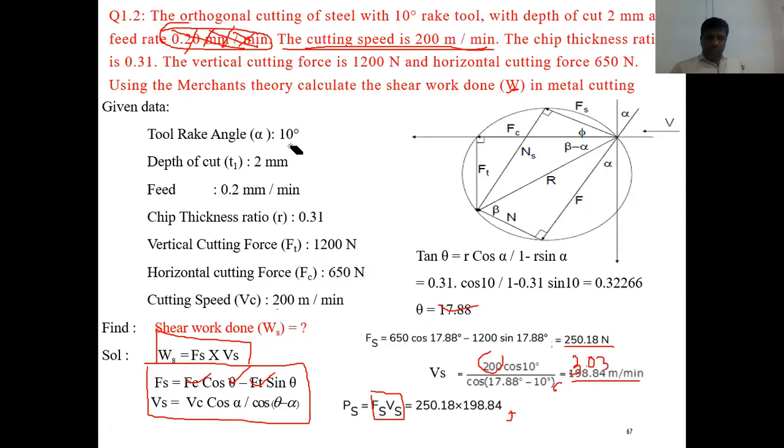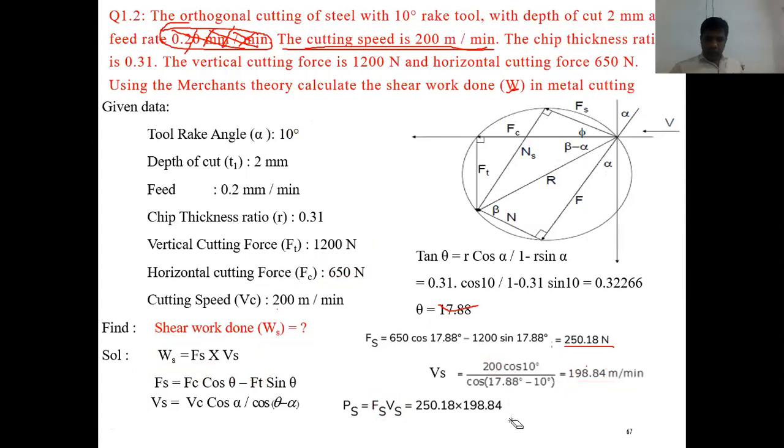This solution is not there in the textbook. It may come in your exam, so please be careful. That's why note it down. Don't only take the screenshot; if possible, note it down. Even if you're taking a screenshot now, when you get time, please write it in your class notes.